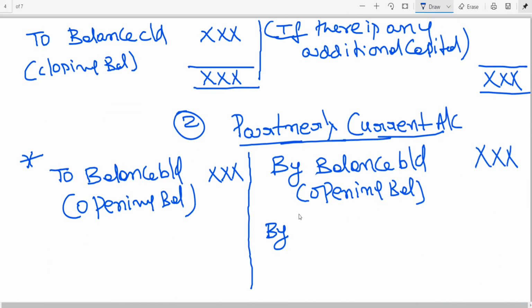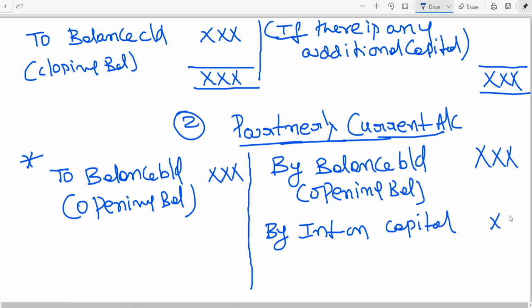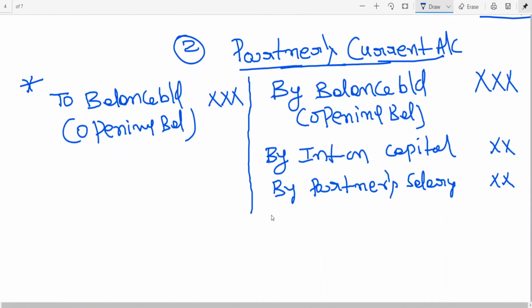by interest on capital. If it is fluctuating capital, this will be transferred to partner's capital account. Interest on capital, that is credited. By partner's salary, that will be credited. By partner's commission, that is also credited.